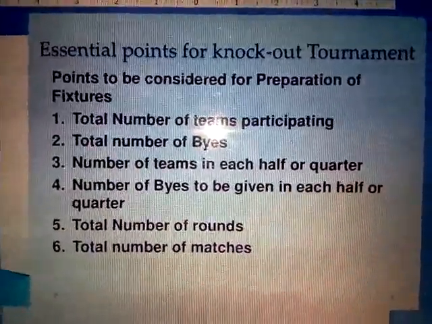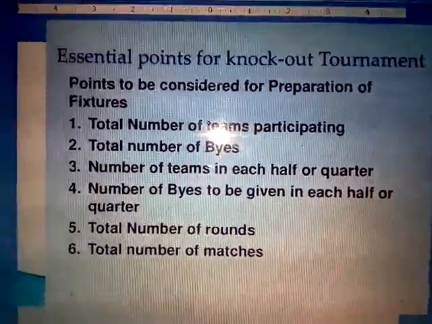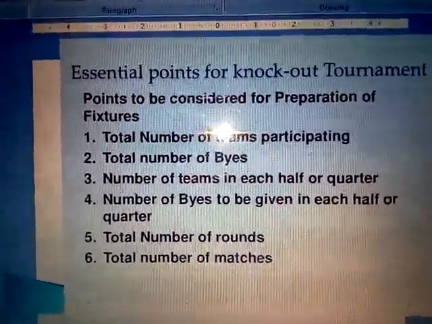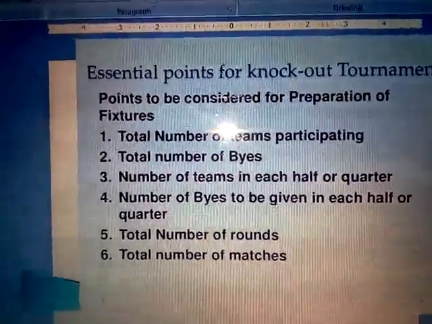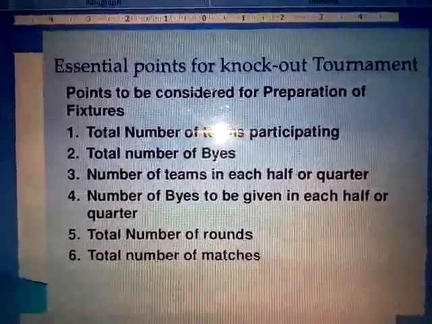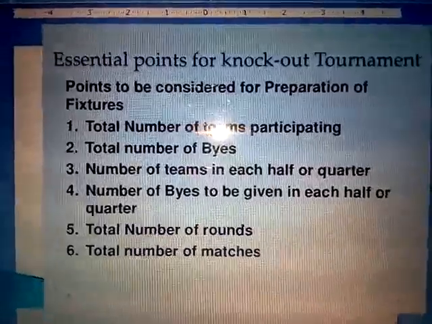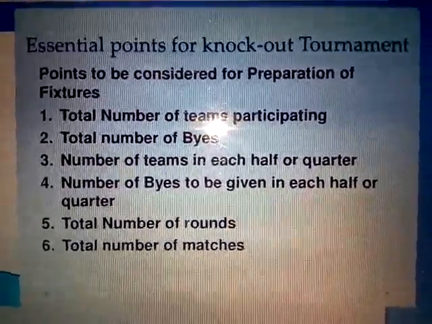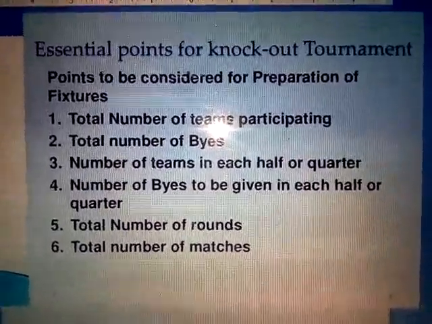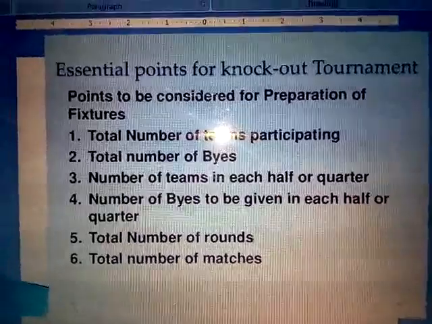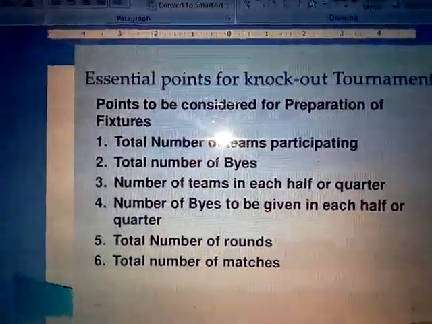Whatever the number of teams that has come, it has to be drawn in 2 halves or on a quarter basis. Fourth, the number of byes to be given in each half or quarter. We should know how many byes are given to the first half and second half. Then the total number of rounds and total number of matches we have to take out.